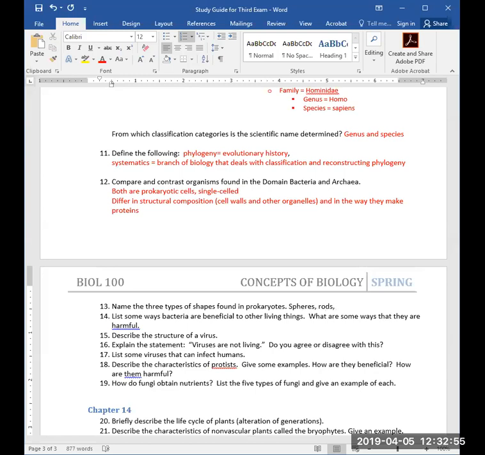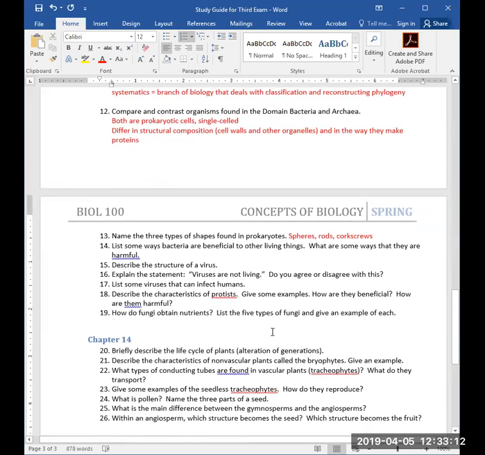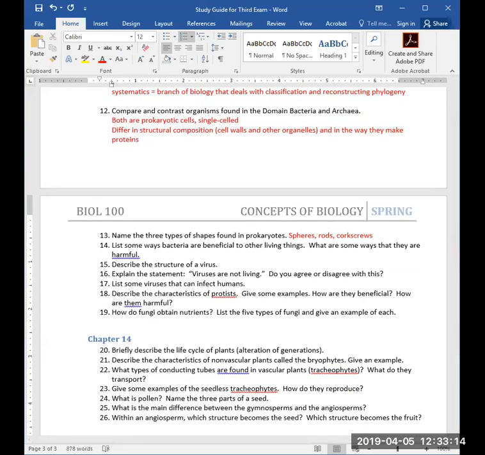They're kind of like little twisty corkscrews. And they're super tiny, obviously, versus eukaryotic cells, which are very much larger.